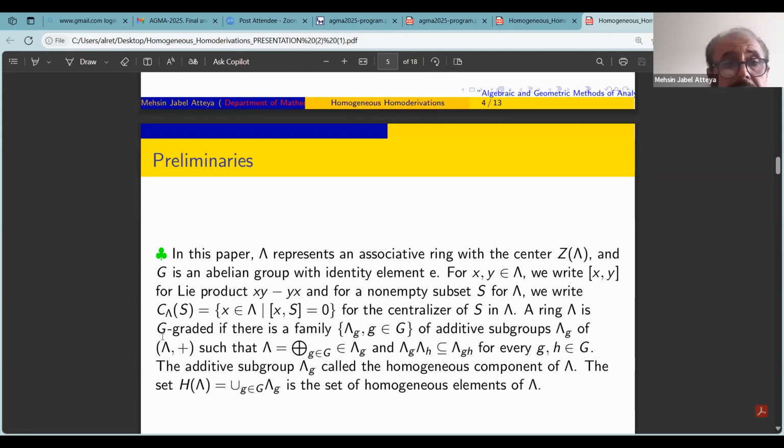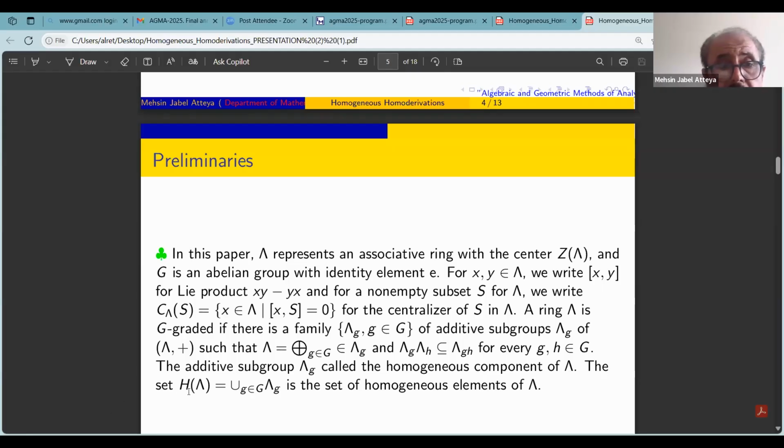A ring lambda is G-graded if there is a family of additive subgroups lambda sub g, g in G, such that lambda equals the direct sum over g belonging to G of lambda sub g, and lambda sub g times lambda sub h is a subset of lambda sub gh for every g and h belonging to G. The additive subgroup lambda sub g is called the homogeneous component of lambda.